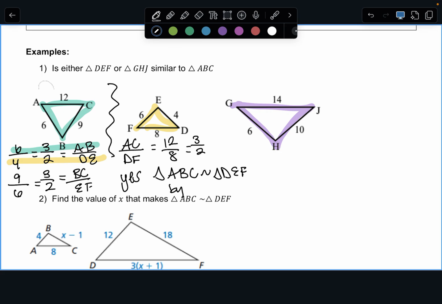And the theorem that I used, well, I had 1, 2, 3 pairs of corresponding sides that were proportional. So this is side, side, side. 3 sides.